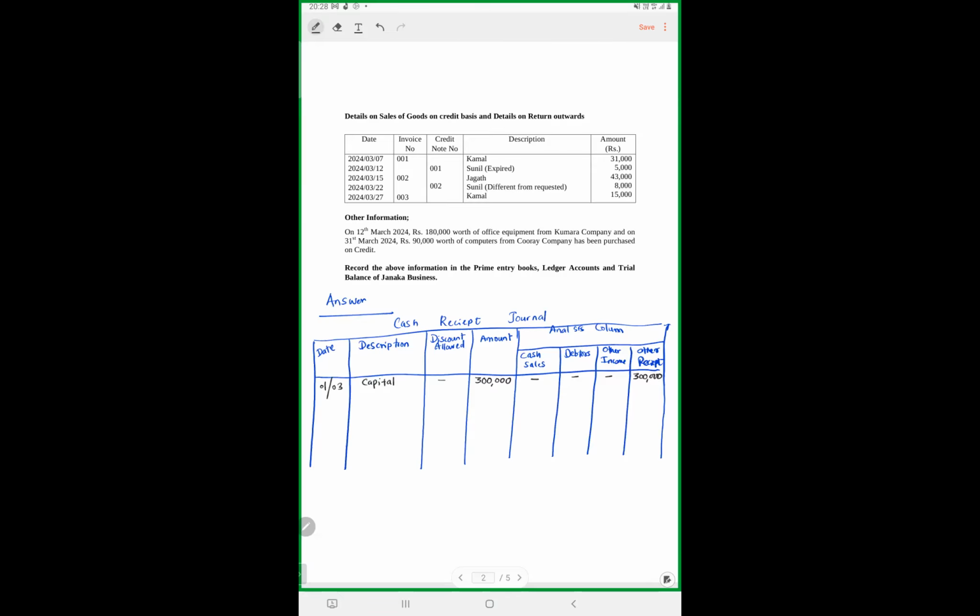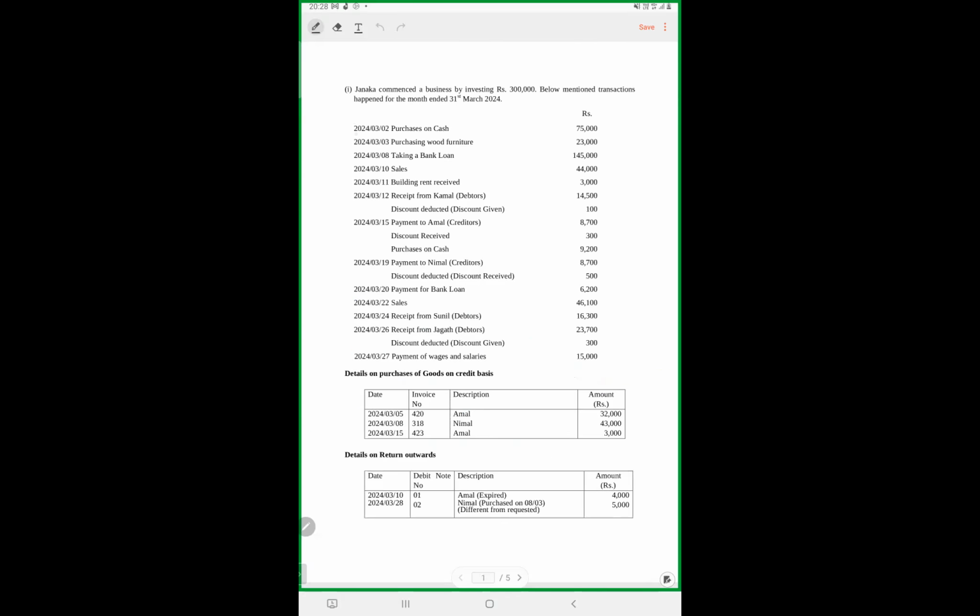The next one, 2nd March 2024, purchase on cash. The business has purchased 75,000 worth of goods. Purchase means cash outflow, so cash is paid out by the company.